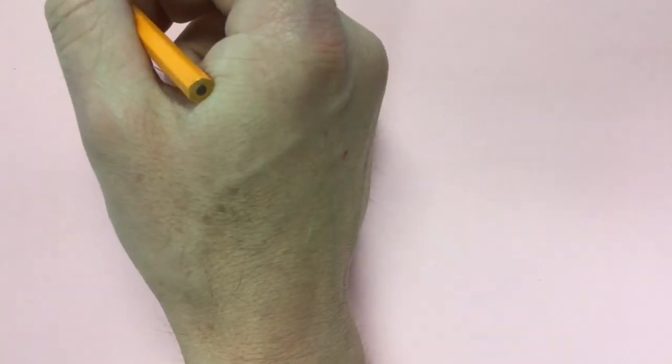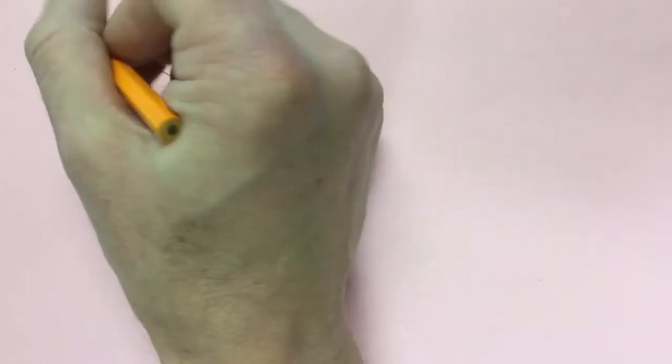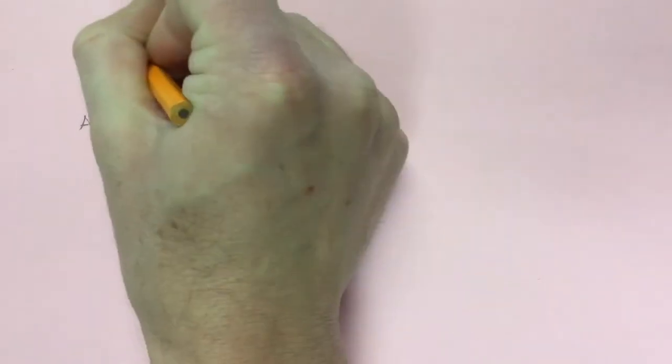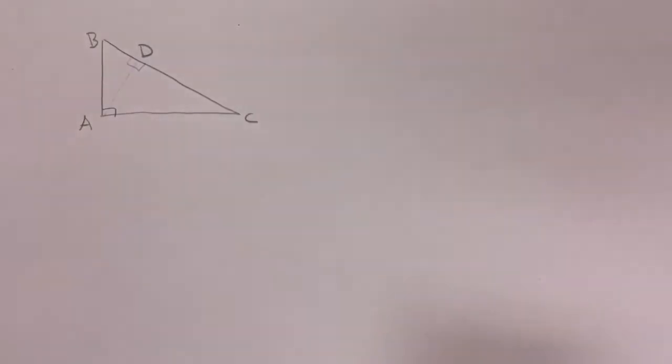This forms our three triangles again. And from the last theorem, we learned that all three of these triangles are similar to one another. With this one, I'm going to name it A, B, C, and D.